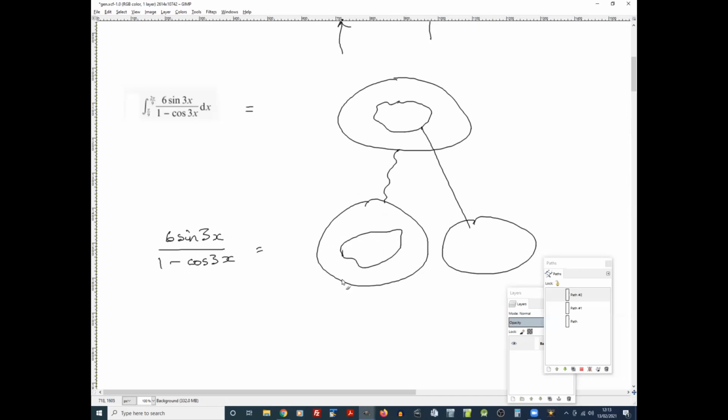Anyway, oh yeah, of course. Because when you differentiate minus cos 3x, you're going to get three... Your instinct is to think, oh well, surely I can't be putting all of that in there. That's too complicated. But no, because when you differentiate it, the one disappears, and all you've got is what? What's the derivative of one minus cos 3x?